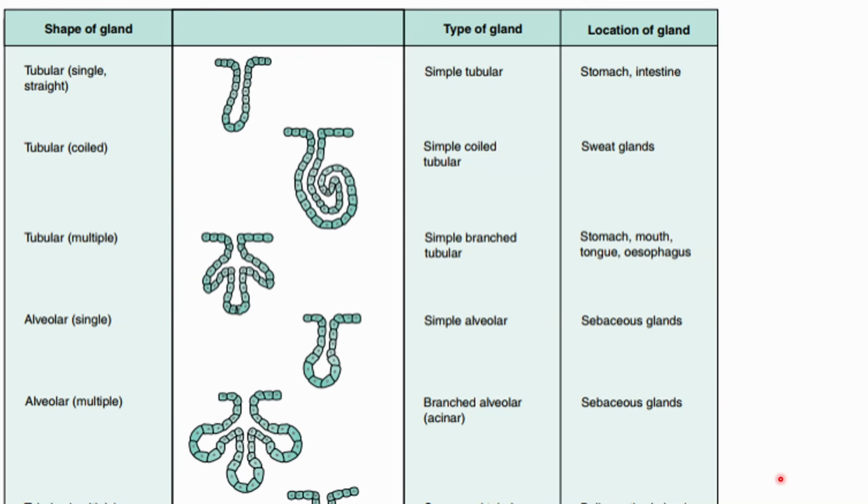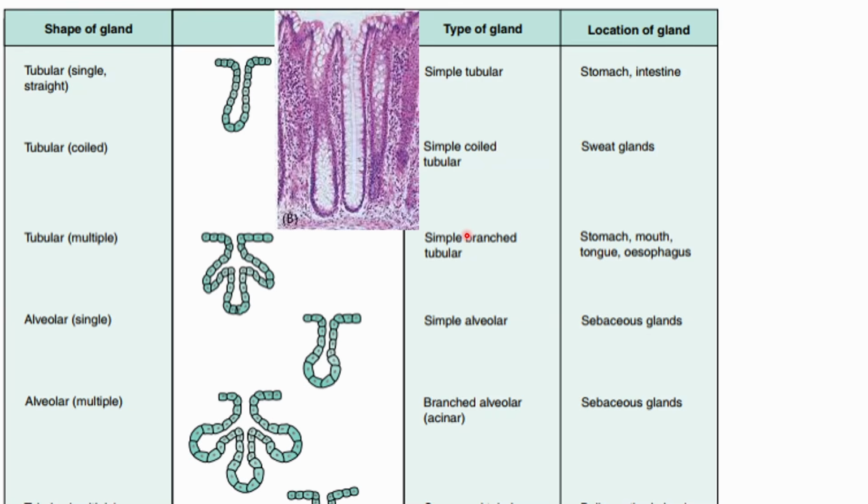So, again, a summary of what we have talked about. If you combine these different duct systems and secretory unit systems, we can have simple tubular straight, or simple coiled tubular, or a simple duct system with a branched secretory system that is tubular in shape. So simple branched tubular.